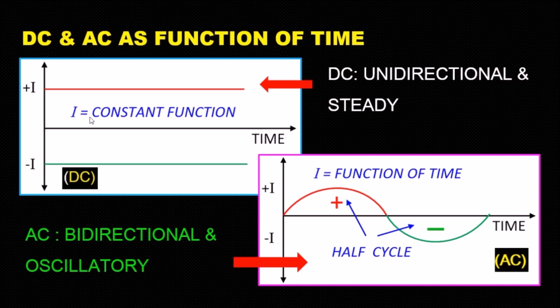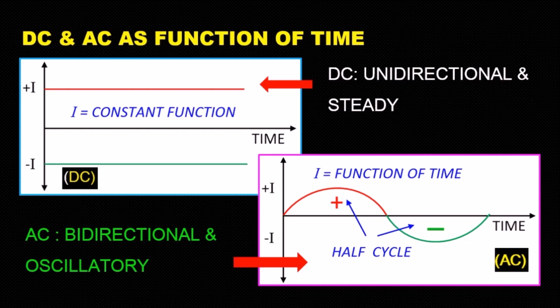For DC, current is a constant function of time. For AC, current is a sinusoidal function of time. In case of DC, the direction of current depends on the polarity of the battery connected to a conductor. In case of AC, current direction changes automatically.